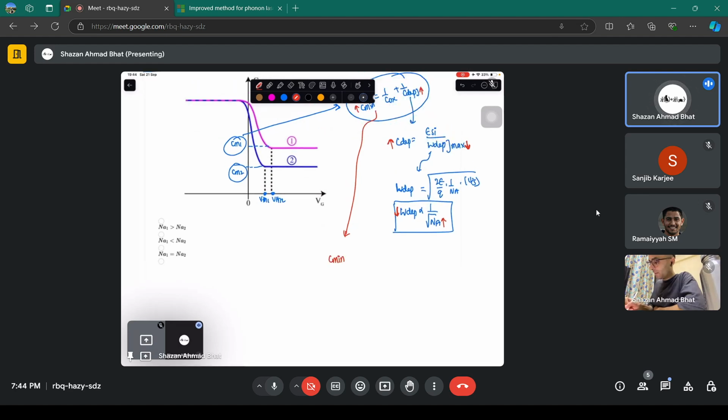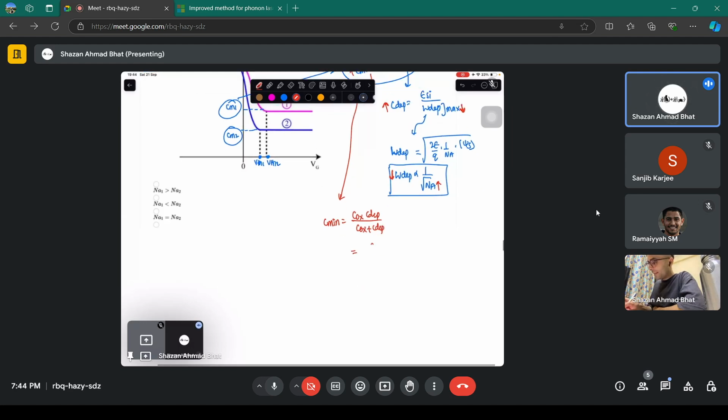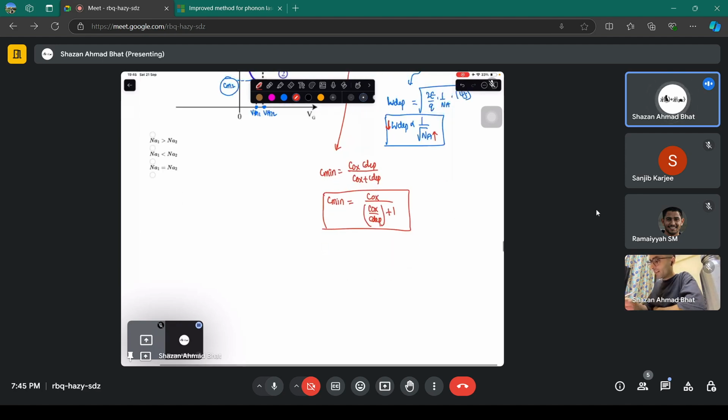You can write C minimum is equivalent to C ox C dep divided by C ox plus C dep, or you can write it as C ox divided by C ox by C depletion plus 1. This is C minimum. This way you can directly correlate the effects.